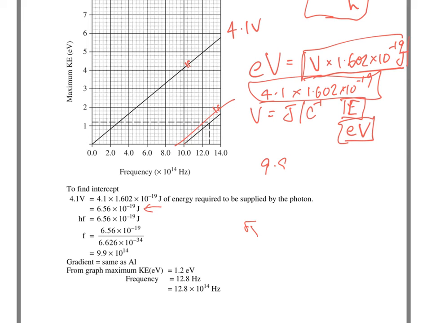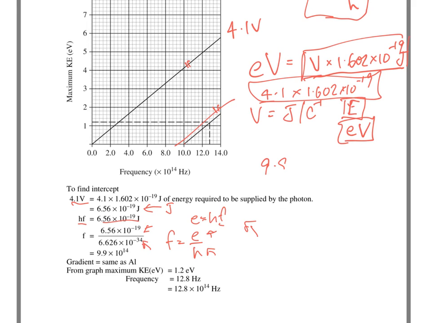So they've worked out here this volts in joules of energy for electron volts. Then they've used HF equals that, so E equals HF. They've rearranged it to get frequency. And there's Planck's constant, H, and here's the energy for 4.1 electron volts.